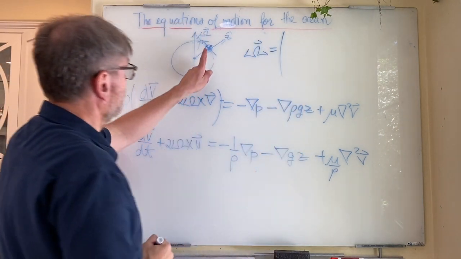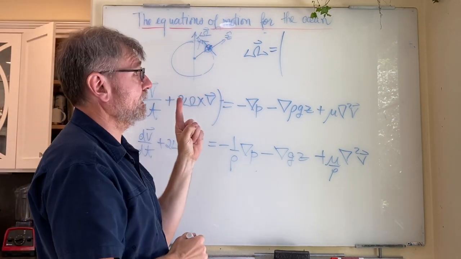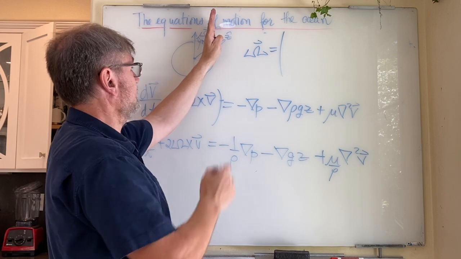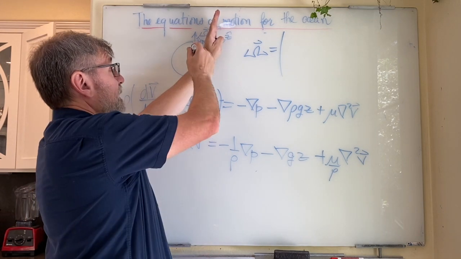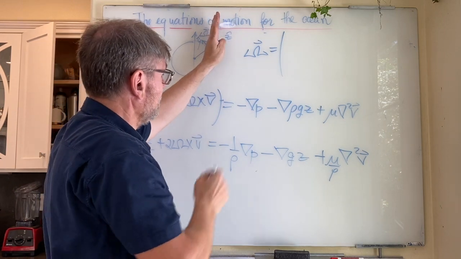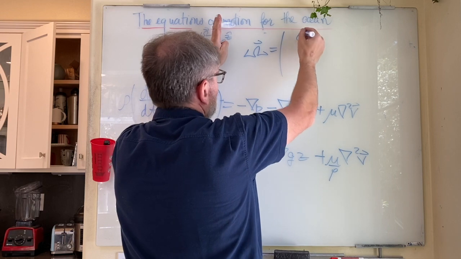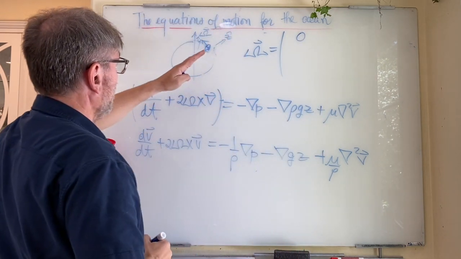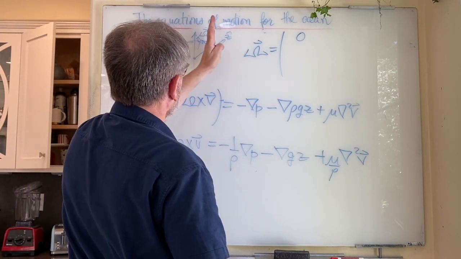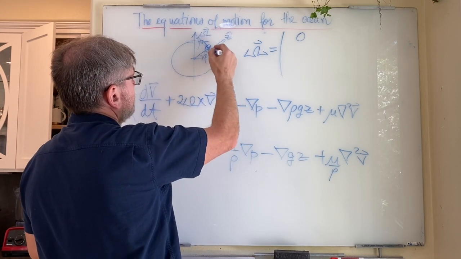And so the part of omega that projects into the x direction is going to be 0, right? Because omega is parallel to the spin axis, and that is perpendicular to the x-axis, which is into the board. So we get 0 in the x direction. In the y direction, this is the latitude phi, right?